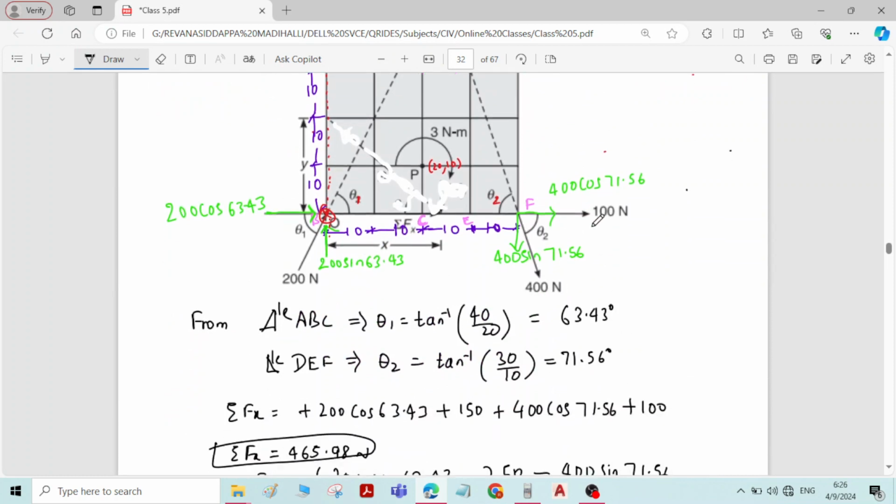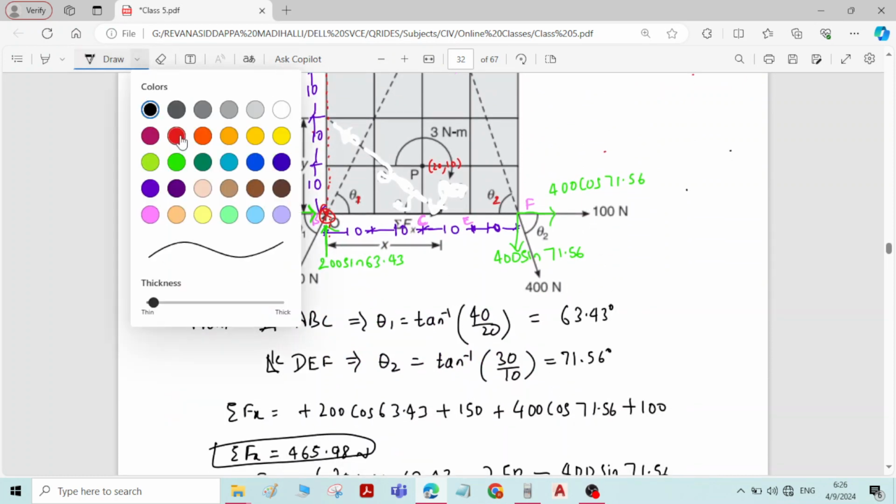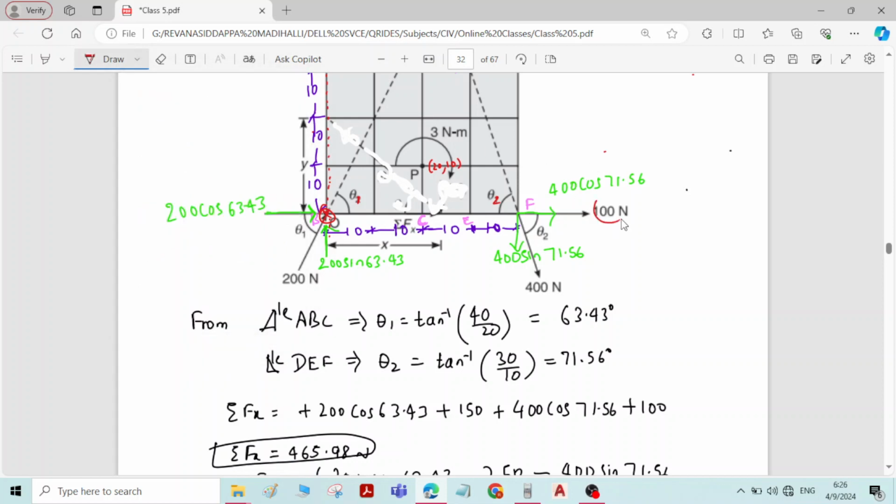Then moment of this 100 Newton force and moment of this 400 cos 71.56 force about point O becomes 0, because if you draw the line of action for both the forces, point O lies in the line of action of the force.